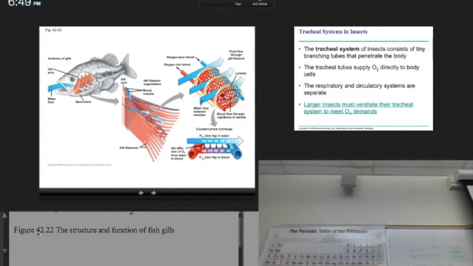There are several gill arches, and each gill arch has blood vessels. Those blood vessels are organized along these gill filaments in such a way that you always have the most oxygen-rich blood encountering the most oxygen-rich water first.